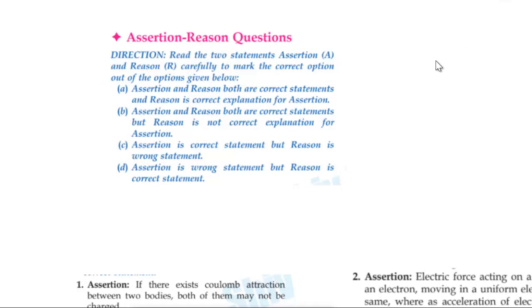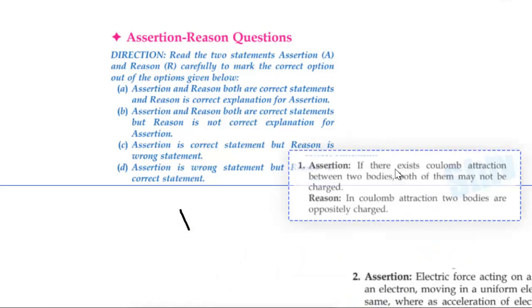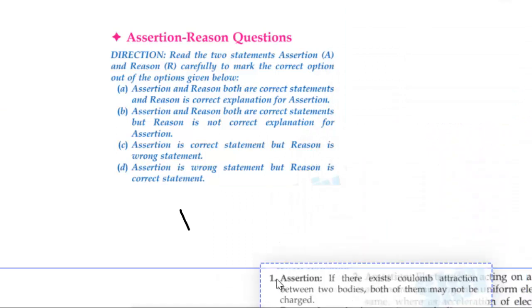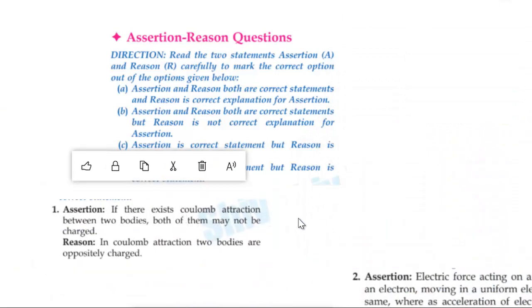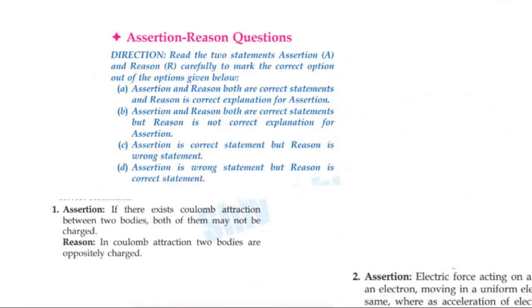Here we are going to discuss how to solve the assertion reason questions. You will get questions like this: one assertion will be given and one reason also will be given. First you need to check whether the assertion statement is true or not, and then check whether the reason statement is true or not.